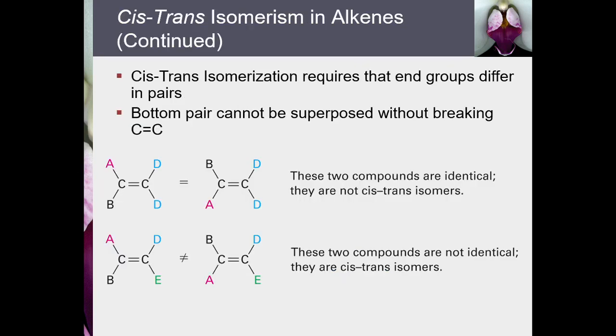However, the cis-trans isomerism in alkenes requires that the end groups should differ in pairs. So cis-trans isomerism is applicable also when both double bond carbons are attached to two different groups. So ito, we have here two scenarios.